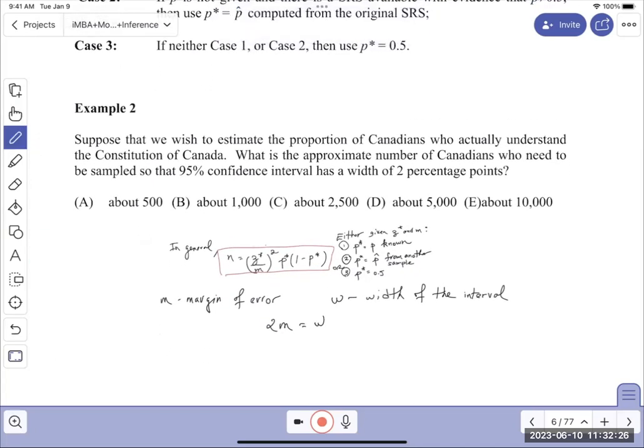So what should the margin be? 1%. So they're not the same, but they're directly related. They're double. 2 M's make a width. It's a margin, a little bit of that, give or take.